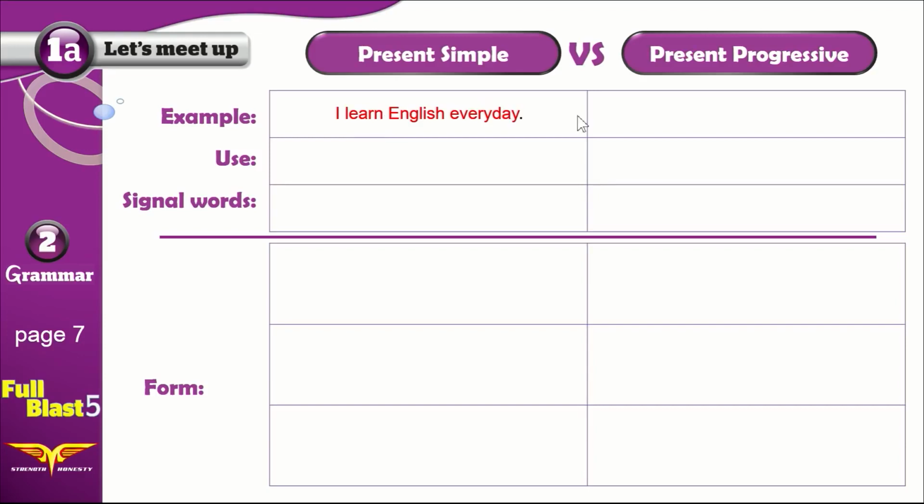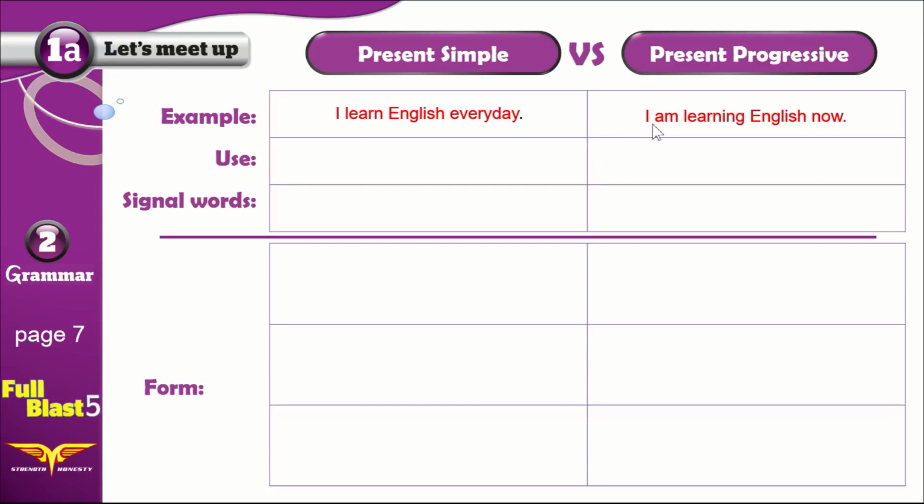Now we want to make another example using the same verb, the same subject pronoun, the same object, but instead of using present simple, we will use present progressive. I am learning English now. If you notice, we have made 3 changes.